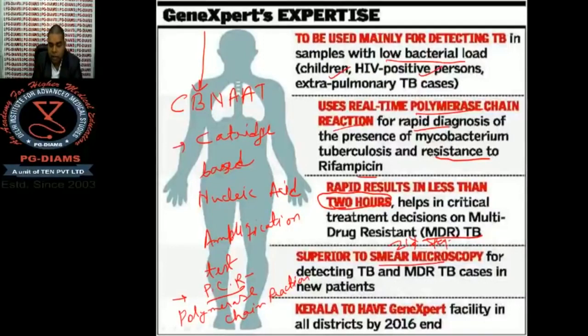We used to do AFB testing with the help of Ziehl-Neelsen staining technique. So it is better than the ZN staining technique because it can detect sequences of DNA. And it is computerized, so there are again fewer chances of human error. And Gene Expert facility is going to be extended all over India according to the revised RNTCP guideline.